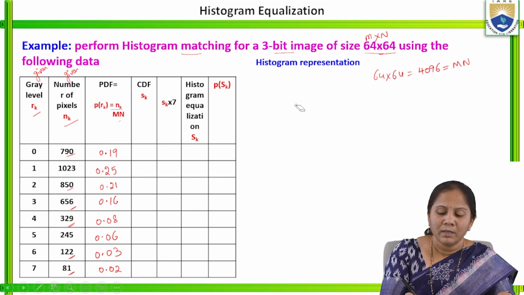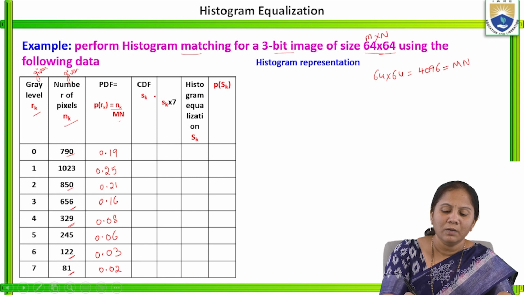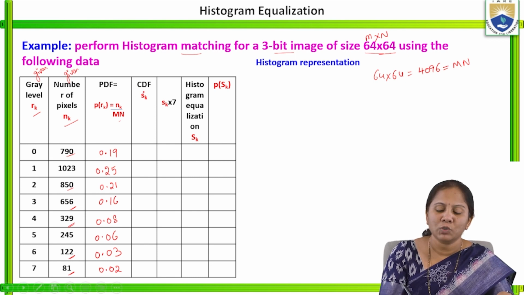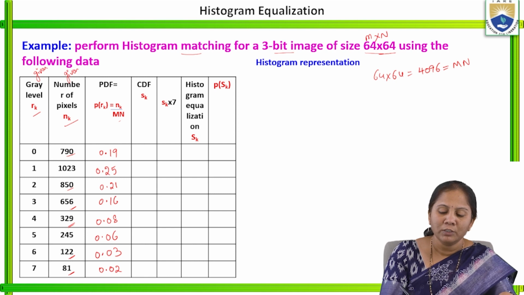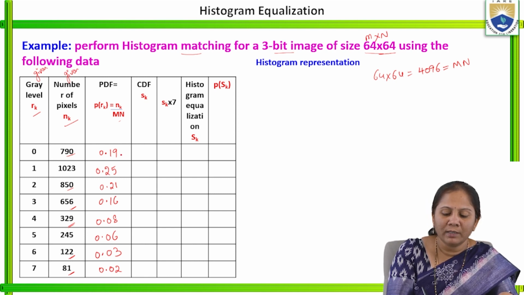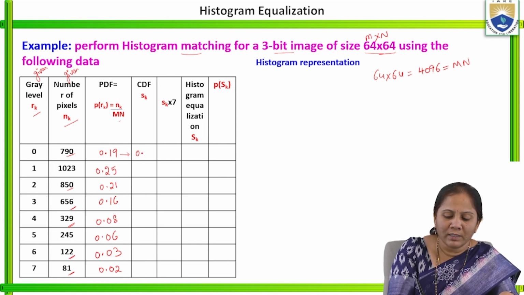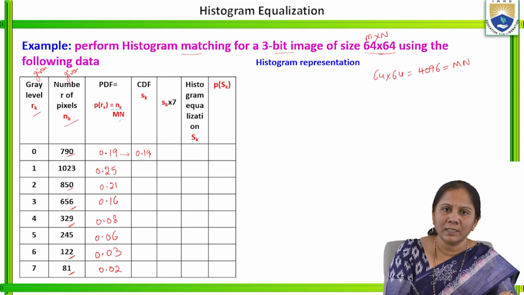The next one we have to find is Sk, which is the CDF. CDF stands for cumulative distribution function. In order to find Sk, the first value is 0.19, so we take this 0.19 as it is.